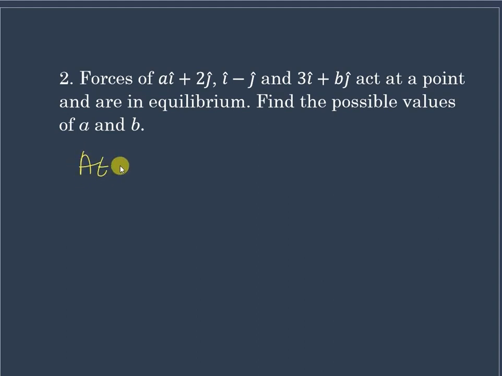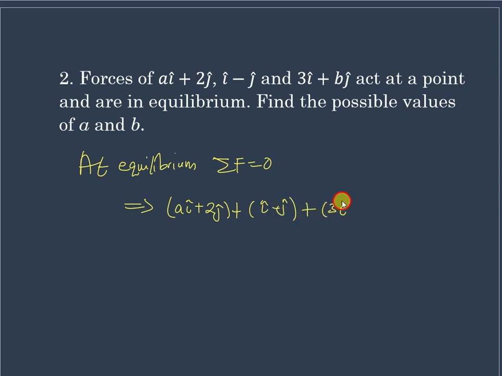So we are saying that at equilibrium, the summation of F is equal to 0. This implies that we have ai plus 2j, add on i minus j, add on 3i plus bj, and equate to 0.